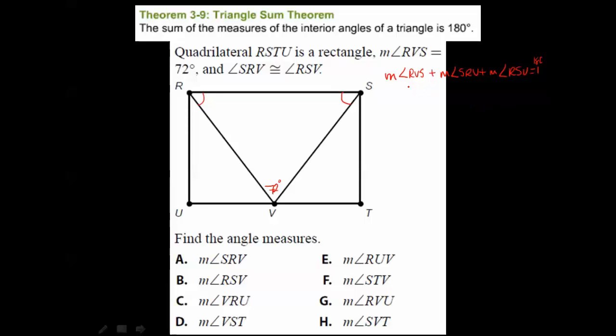So I know this one right here is 72, and I don't know these two, but I know that equals 180. And since they're congruent, let's call them both x.